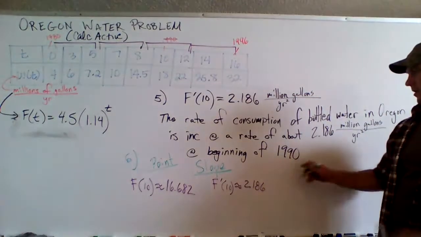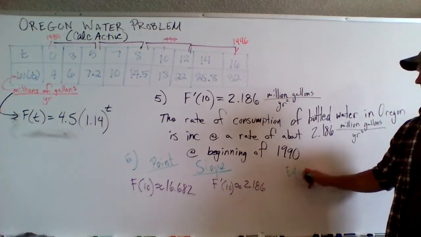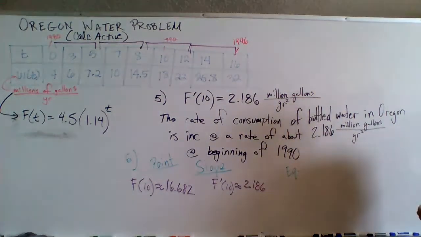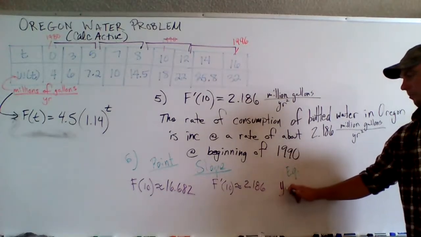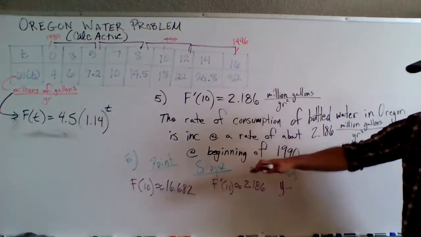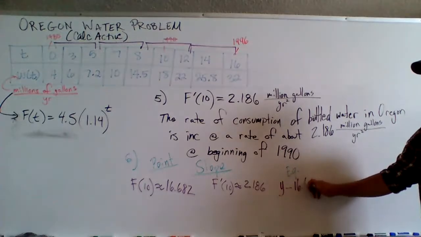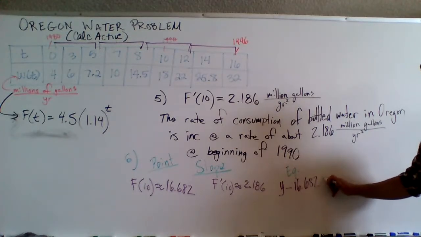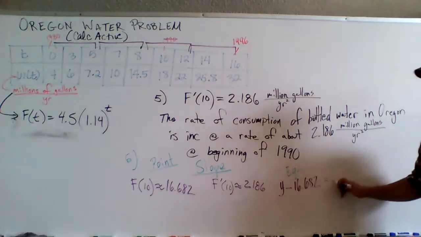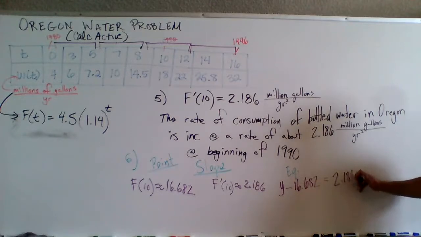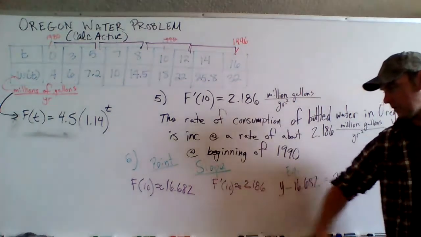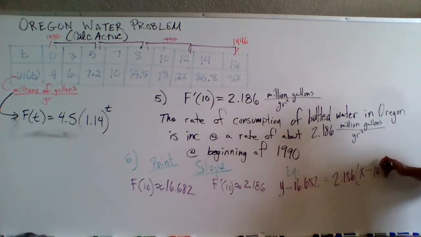So our equation is going to be y minus 16.682 equals 2.186 times x minus our x value, which is going to be 10.